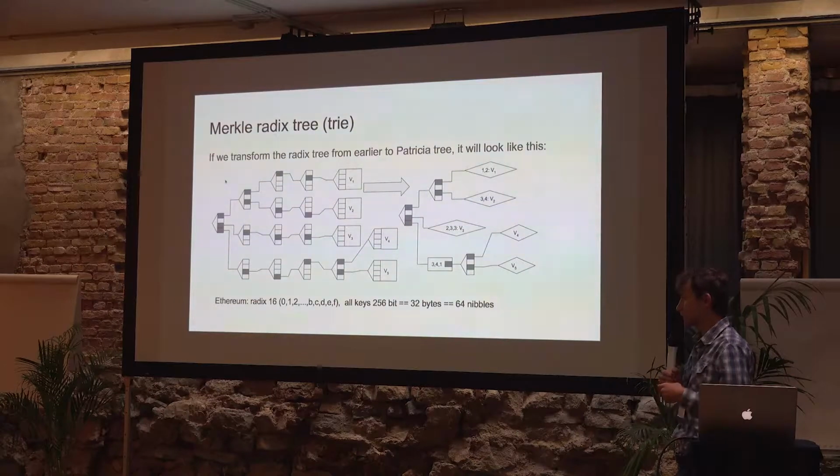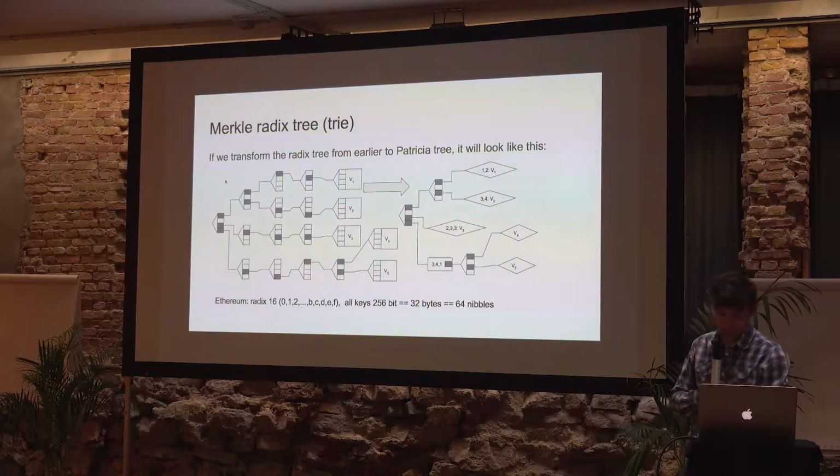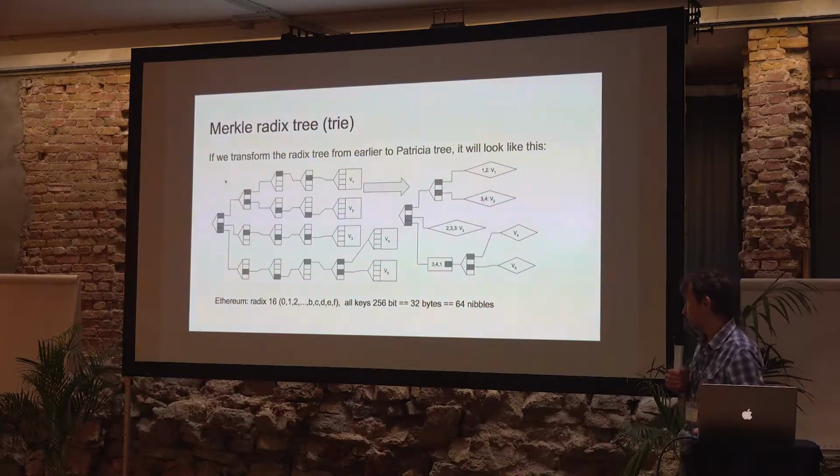The reason for that is that all the keys are hashed by the Keccak function, and the reason for that is we would like the tree to be balanced, and we will see why it is important a little bit later. When we hash them, they start to be randomly distributed around the tree.